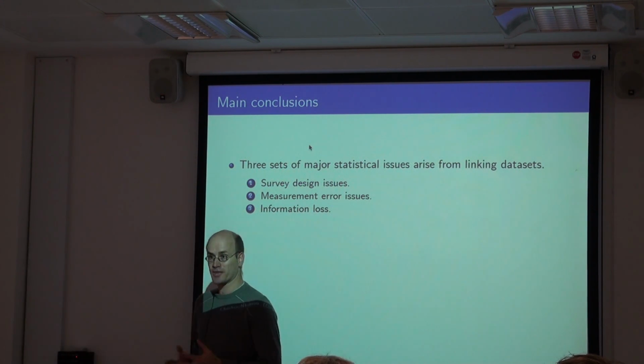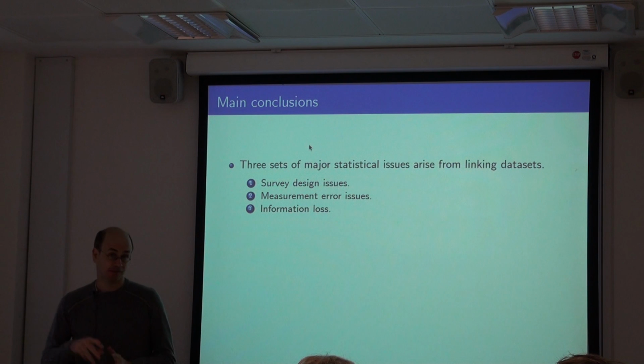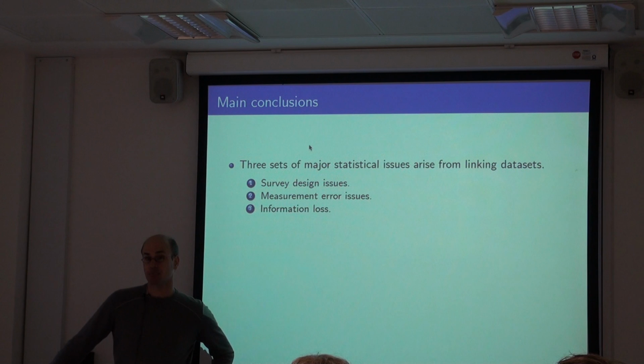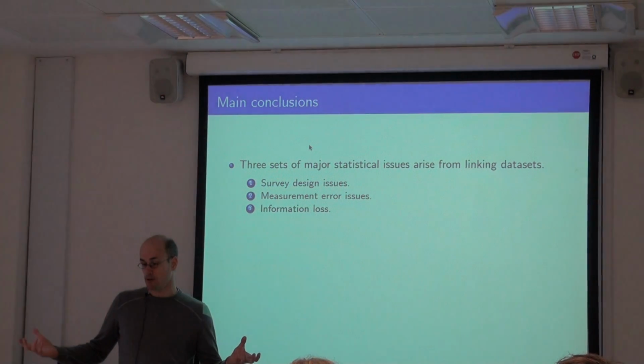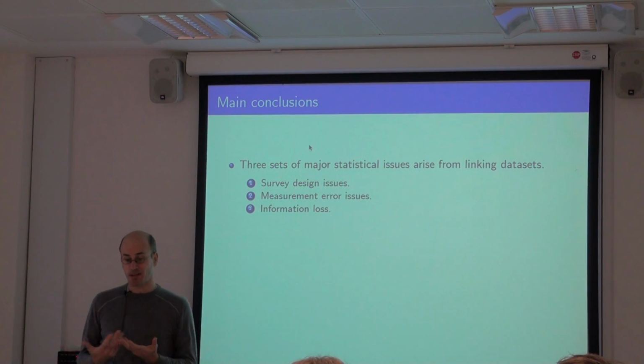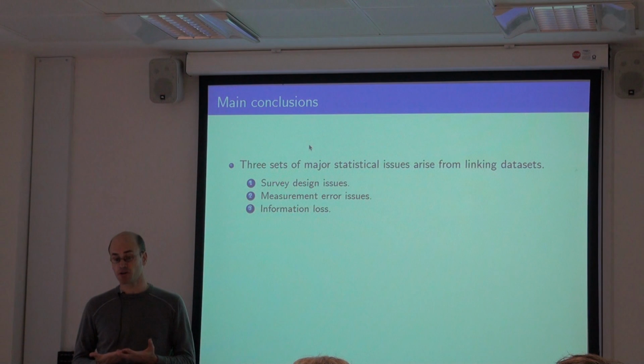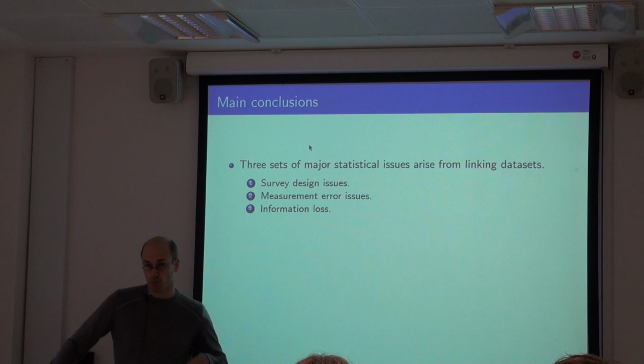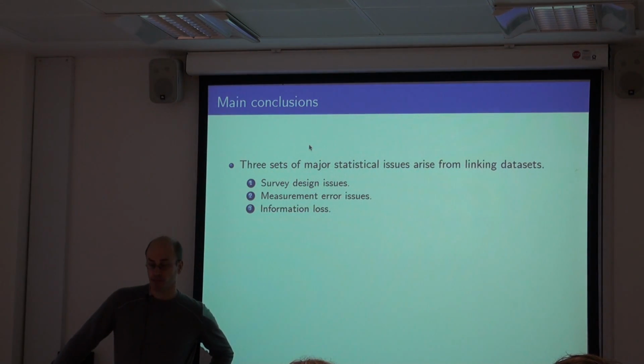So that's an issue with any statistical exercise: weighting the sample. It becomes more of an issue when you link data sets, because it's not always obvious what the statistical properties of the linked data sets are. You might have one complex survey design stratified based on one set of variables, a second data set stratified based on another set of variables, and then when you link them, some records might not be linked properly, or there might be problems in linking, and so the final survey design of the resulting sample is not always obvious.